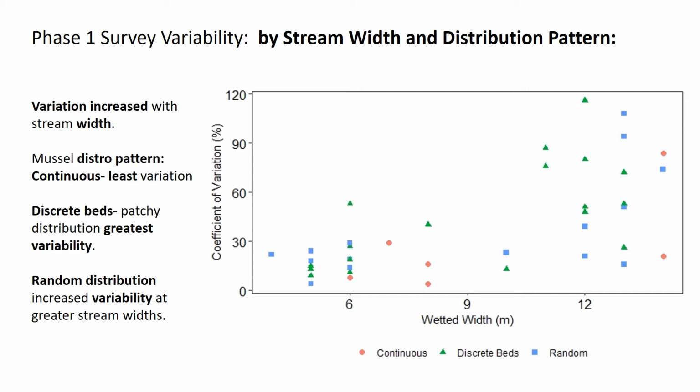The continuous distribution, the red dots, were the least variable. Discrete beds, which is a patchy distribution, had the greatest variability, and they are shown as the green triangles. And random distribution also showed increased variability, but primarily at greater stream widths.